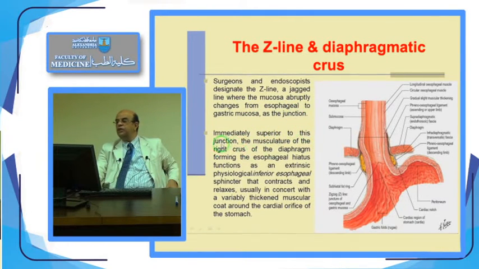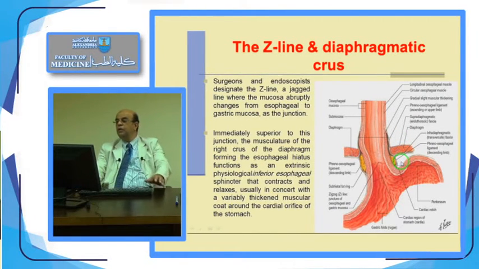Immediately superior to this junction is the musculature of the right crus of the diaphragm, forming the esophageal hiatus, which functions as a corkscrew or as an extrinsic inferior physiological sphincter that contracts and relaxes, usually in concert with a variably thickened muscular coat of the muscles of the cardiac region or the hiatal region.